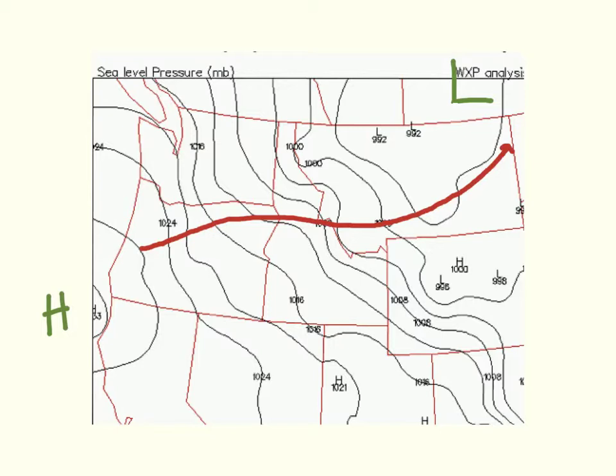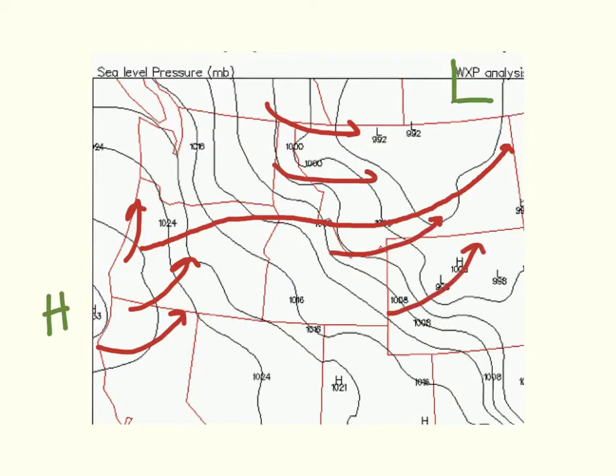And if we draw more and more of these lines, what we'll end up finding is that the flow ends up spiraling outward from a surface high, and it ends up spiraling inward towards a surface low. So the flow doesn't flow exactly towards that low, otherwise the low will fill in and it will no longer be a low pressure, and likewise for the high.